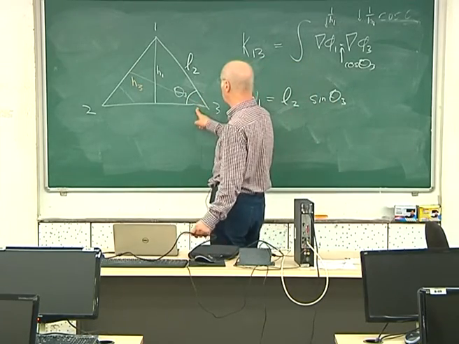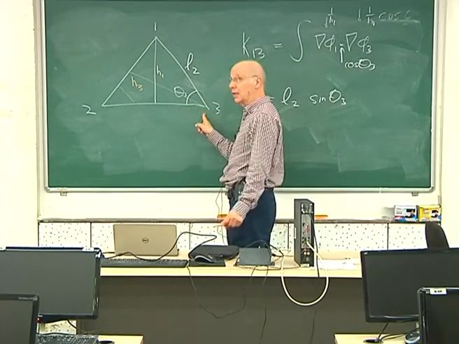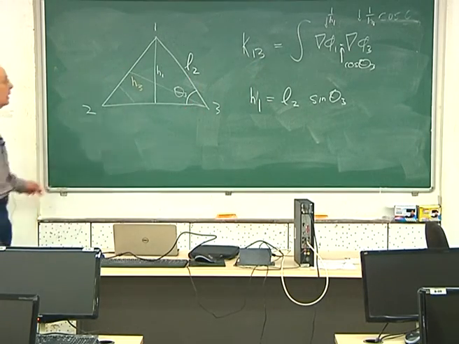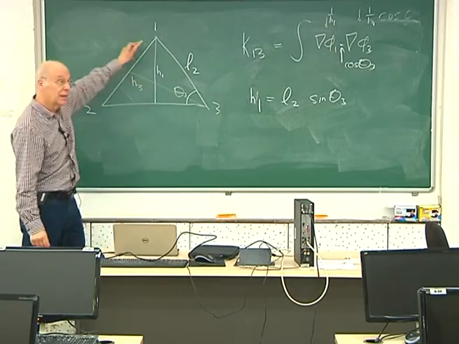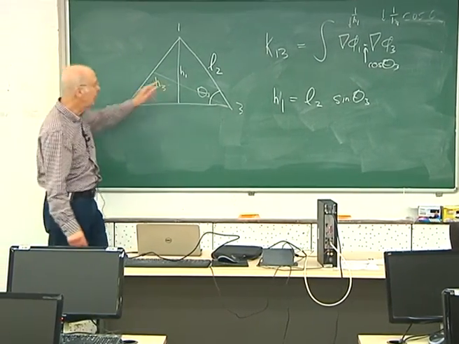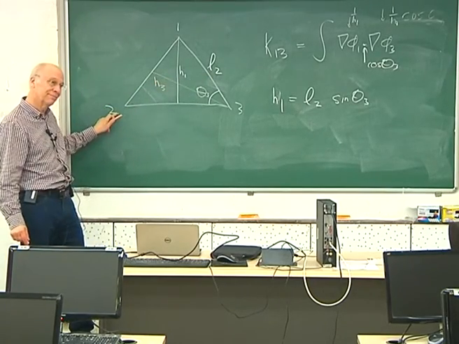This is angle 3 down at vertex 3. And length 2 is opposite vertex 2.